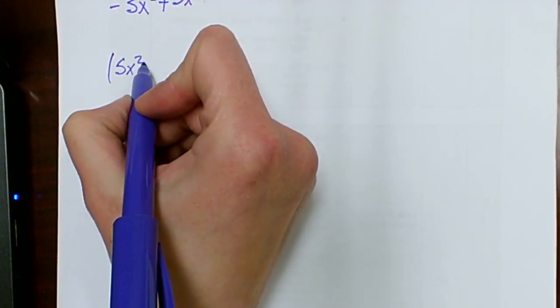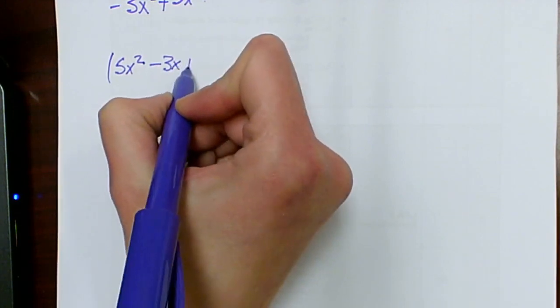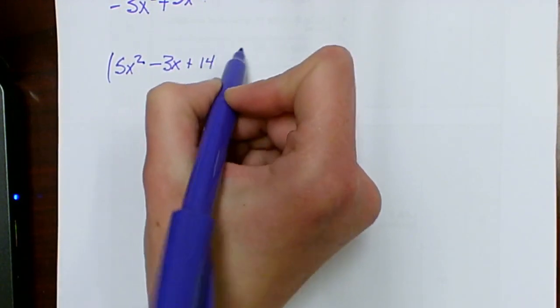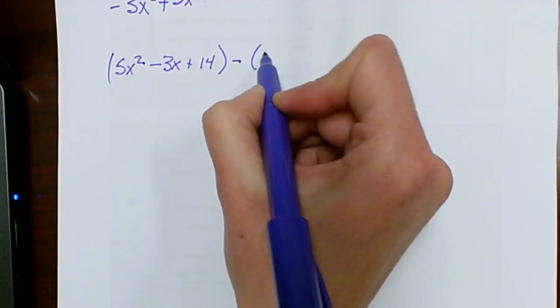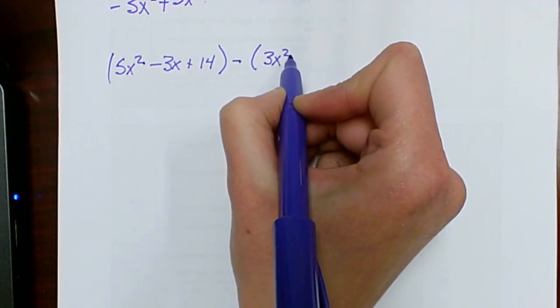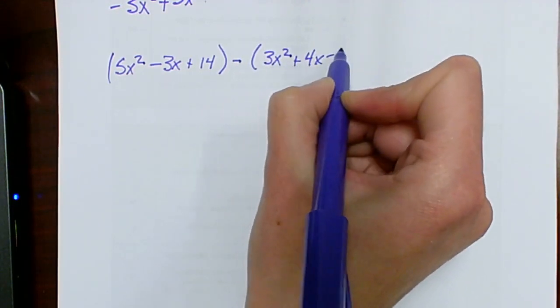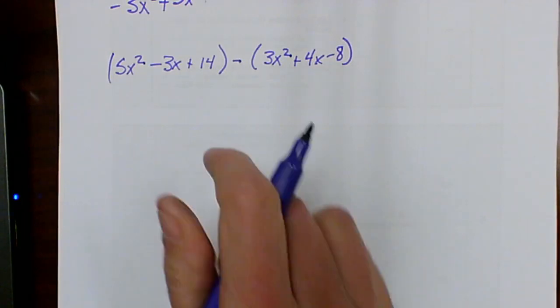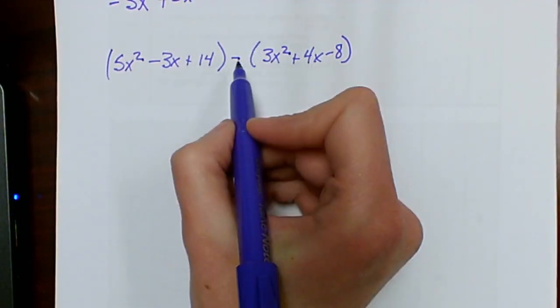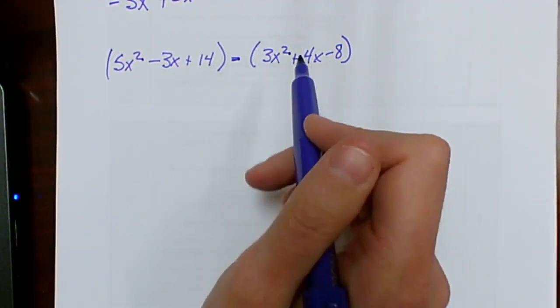So let's practice. 5x squared minus 3x plus 14 minus 3x squared plus 4x minus 8. We have a subtraction in front of our parentheses.